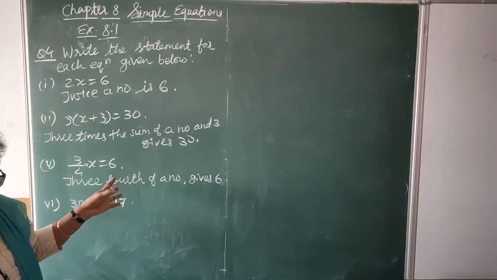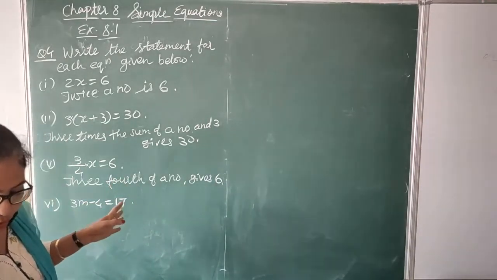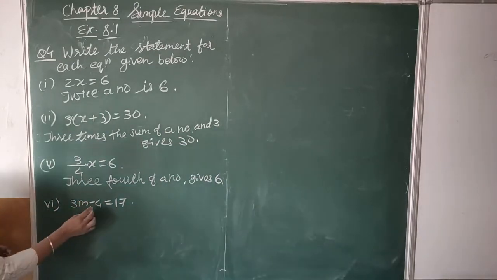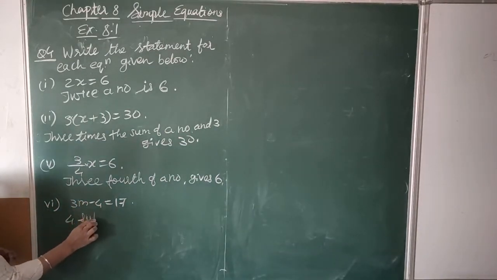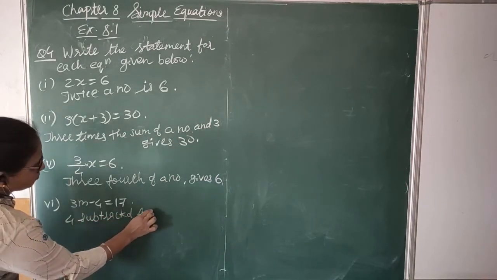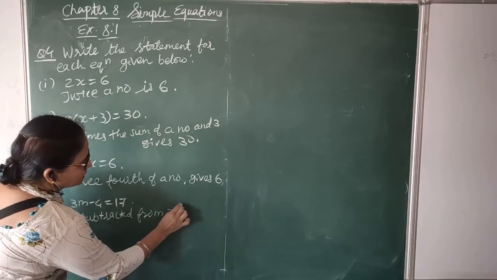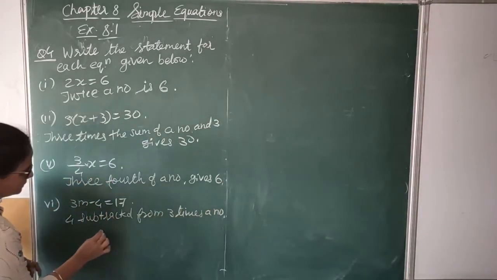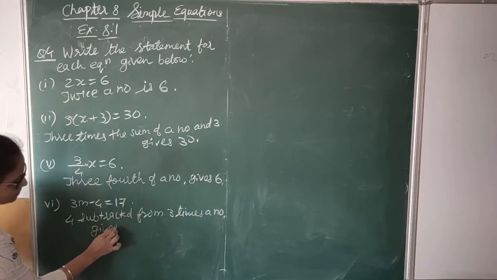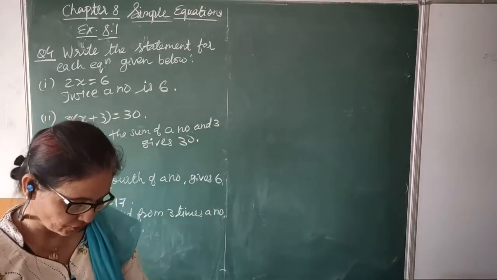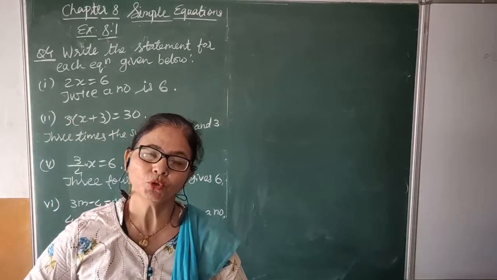Both are the same. It's your choice, whatever you want to write. So in this way we will write 4 subtracted from 3 times a number gives 17. In this way, the remaining sums of this question number 4 you can solve.